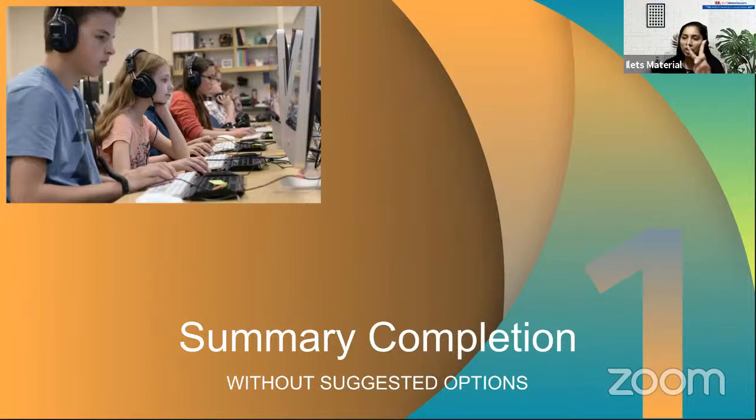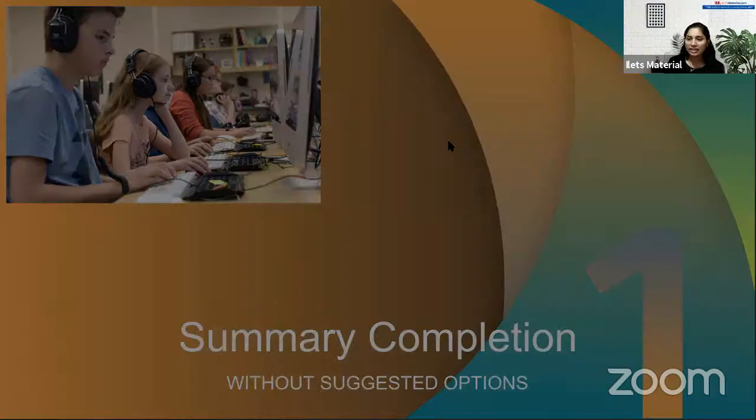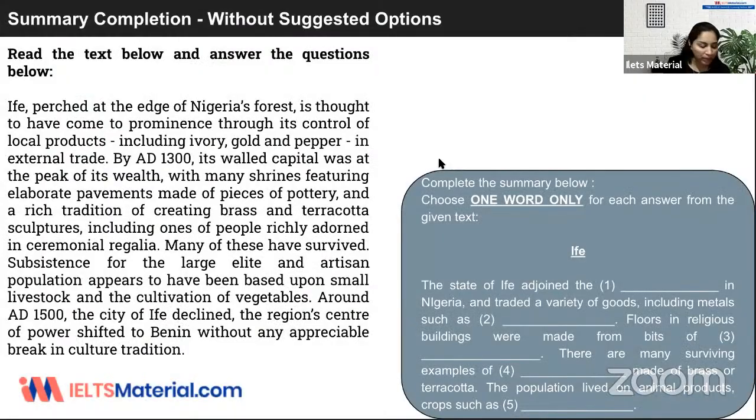So you have two different categories in summary completion. One without suggested options, and the second one with suggested options. Clear? Let's take the first one, without suggested options, where you will be taking the words from the passage and placing them according to the instruction given. Now, this is the one that you need to focus on.